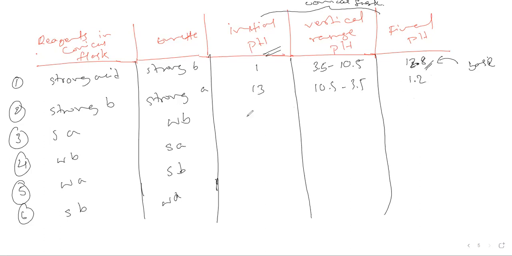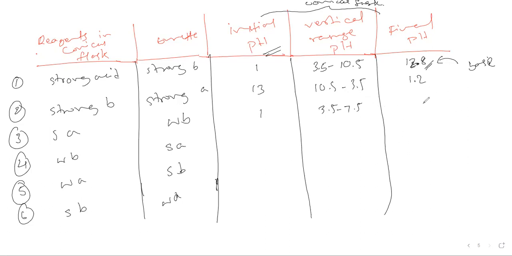That's how it works. Now, when there is a strong acid in the conical flask, the pH is 1 again. It starts from 3.5, but since the higher end is for a weak base, it should be up to 7.5. I have nothing to do with these values. These are the values which have been provided, so we need to remember them.